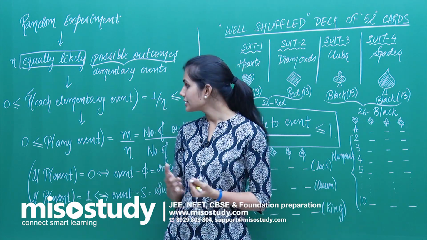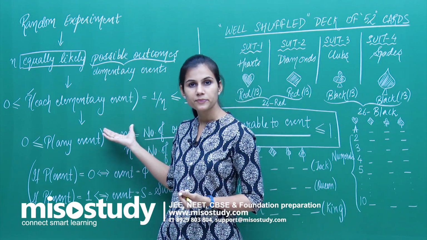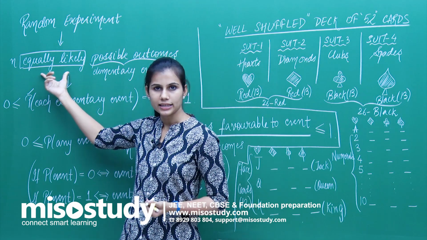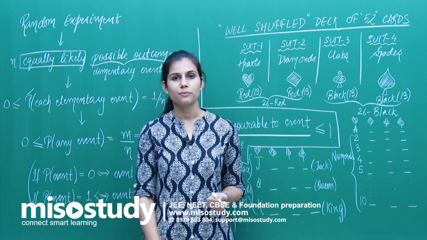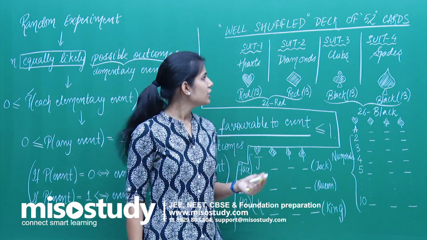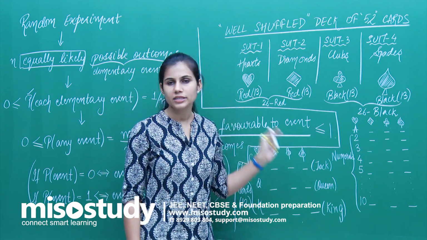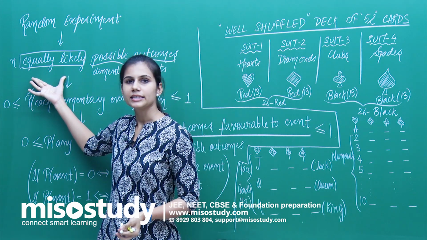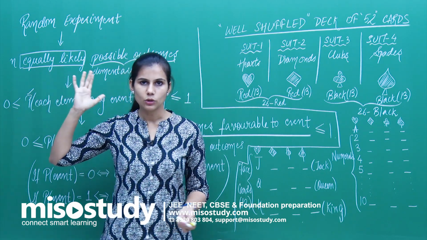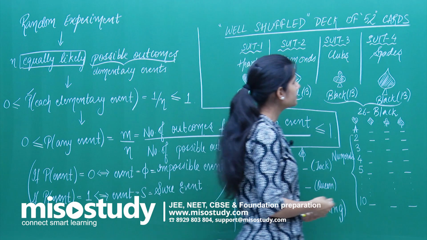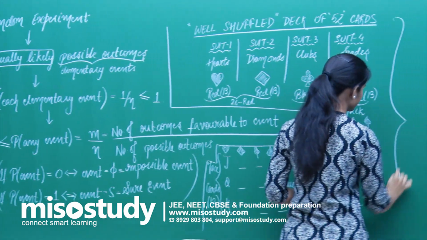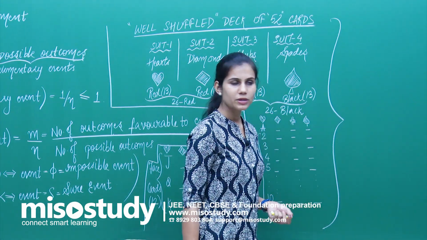What I started my class with was only valid for equally likely outcomes, and we are talking about the same approach of probability. Clear? So understand, well shuffled is only trying to tell you that each outcome is equally likely. Okay? Now using this concept of cards, let's talk about a very nice question.